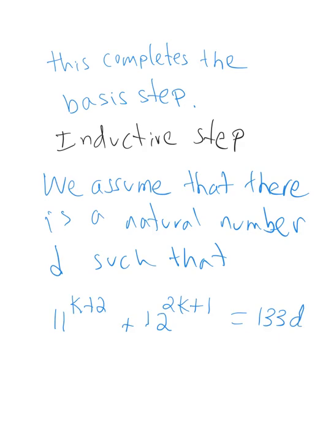Because again, what we'd want to show is that 11 to the n plus 2 plus 12 to the 2n plus 1 is divisible by 133. So that means we want to show that this expression can be written as 133 times something. So this right here is the inductive hypothesis. So we assume that this statement is true.